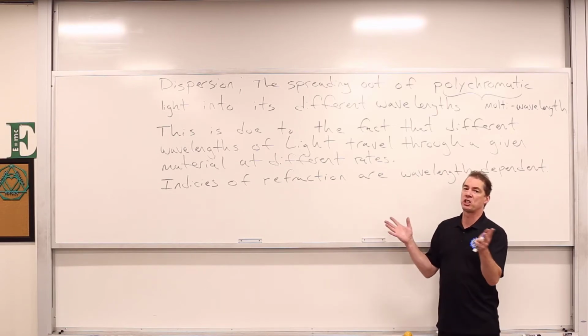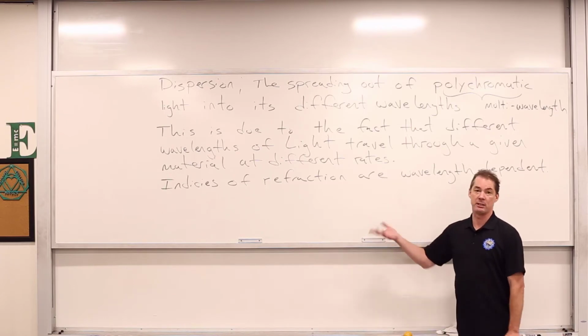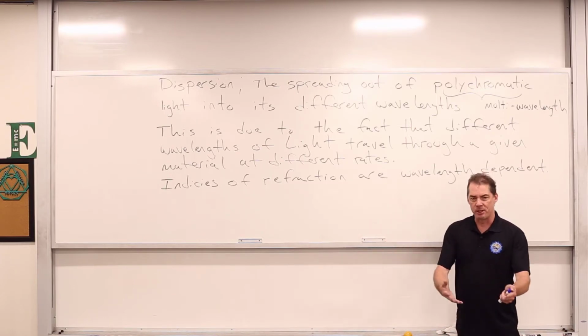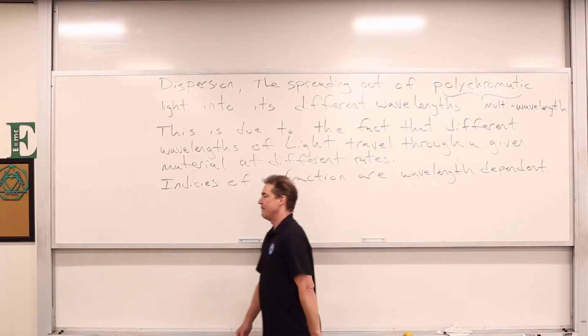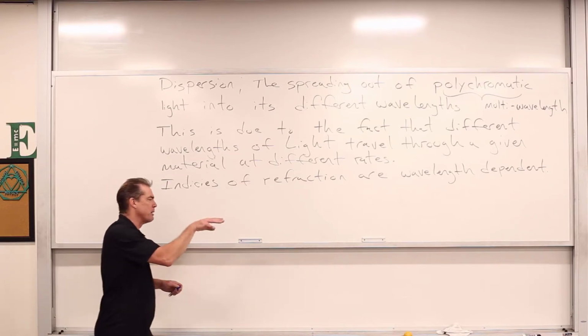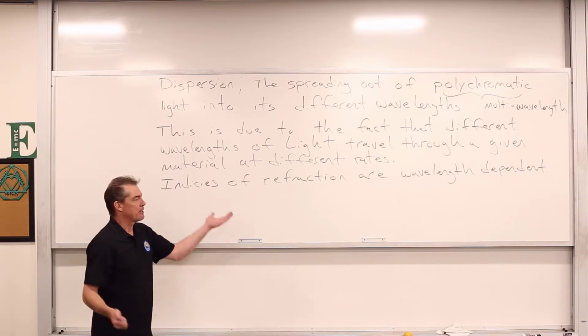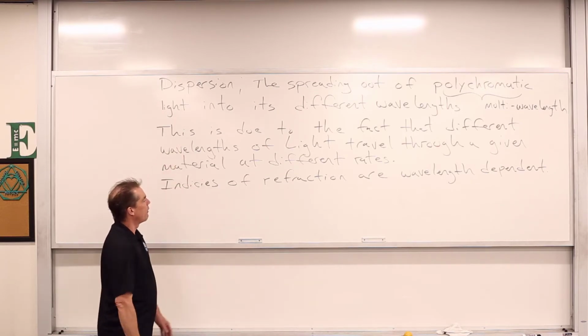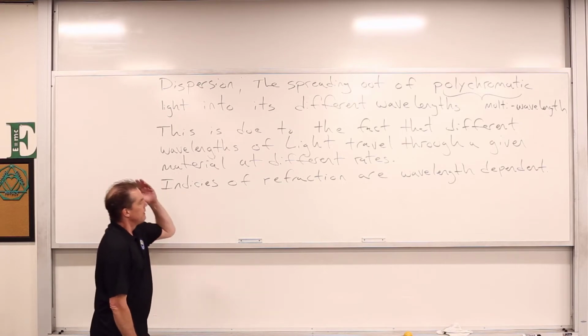And this produces this spreading out of the different wavelengths and ultimately produces these rainbows. Prisms are another place where we definitely can see dispersion taking place. There's what, like the Pink Floyd shirt or Pink Floyd album, the little prism and some white light going in and the rainbow coming out. And if you've ever seen prisms, you get these rainbows floating all over the place because of dispersion and different indices of refraction.